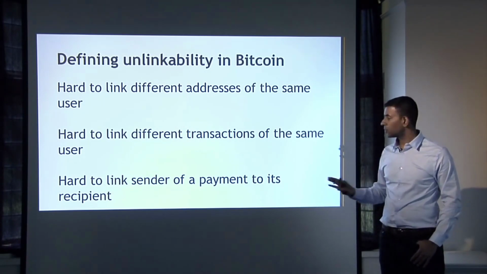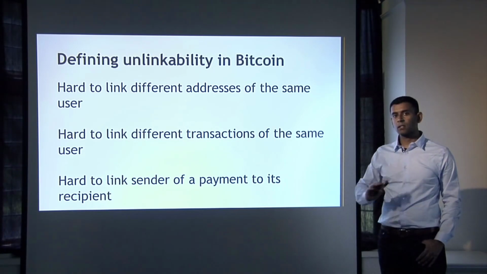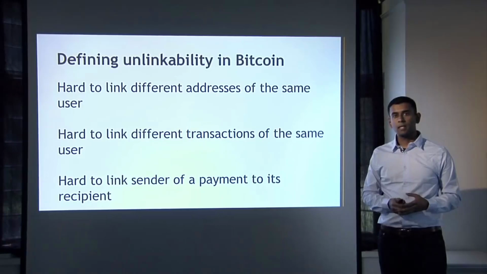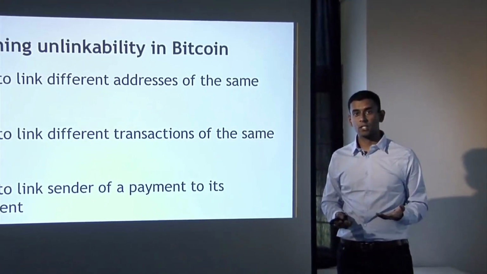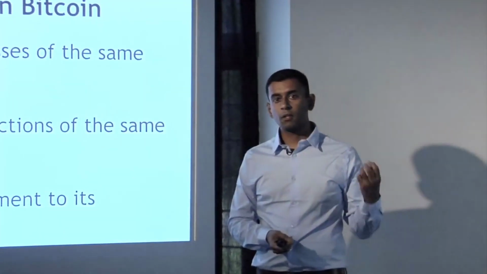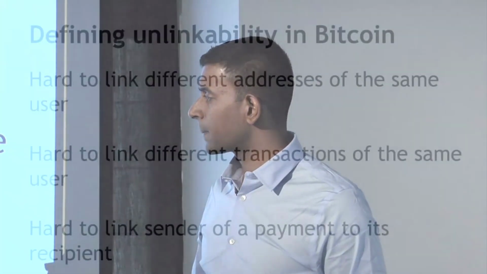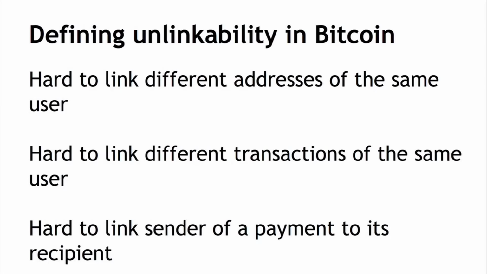But if we interpret this notion of payment in a different way, not as a single direct Bitcoin transaction, but perhaps an indirect sort of payment that goes through a circuitous route of transactions, then one might imagine that the ultimate sender and the ultimate recipient of that payment might not immediately be linkable looking at the Bitcoin blockchain. So these are all somewhat more concrete, but still at an intuitive level, varieties of unlinkability that one might want to shoot for. But if you look at this last definition, it might still be not entirely convincing.